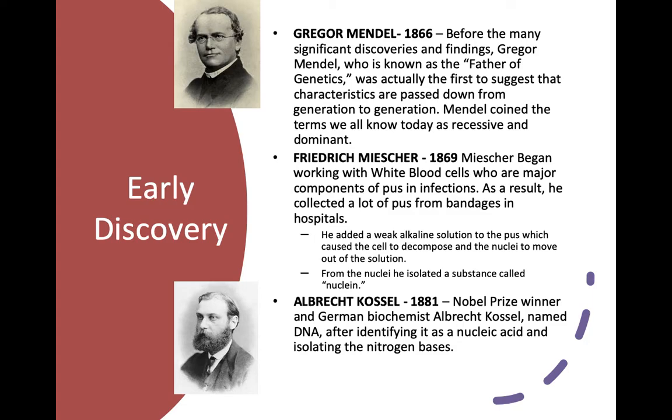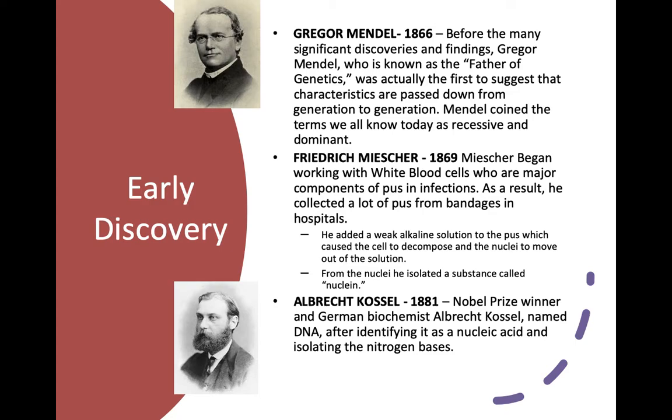So he isolated that nucleus, those nuclei, and he called it nuclein. Now, he didn't realize that what he was looking at was actually DNA, but he was the first one to actually isolate the substance that we now know as DNA.